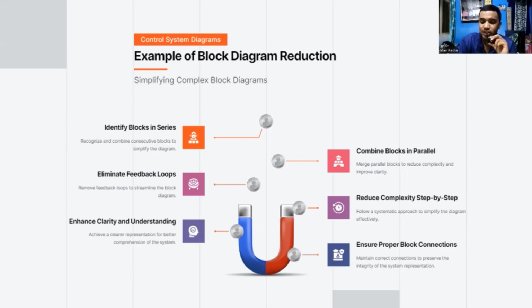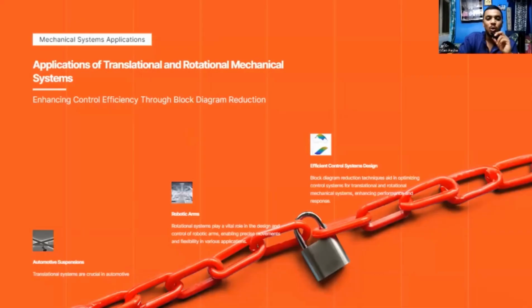So what are the applications of these mechanical systems? Where do we actually apply them, whether translational or rotational? First is the automotive industry, suspensions. We see these a lot in automatic suspension systems.